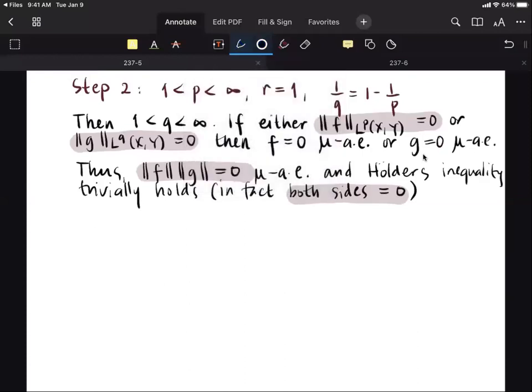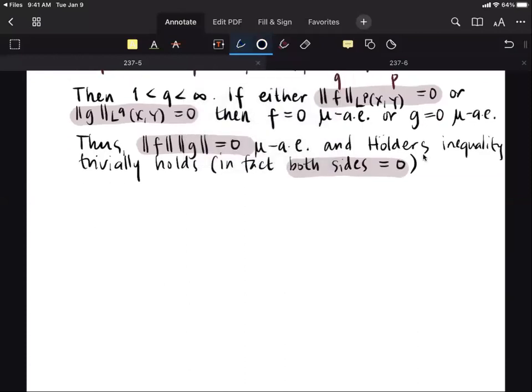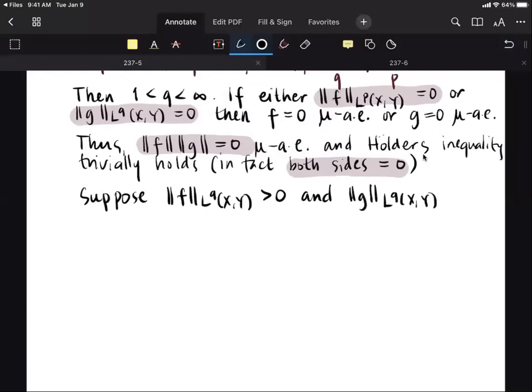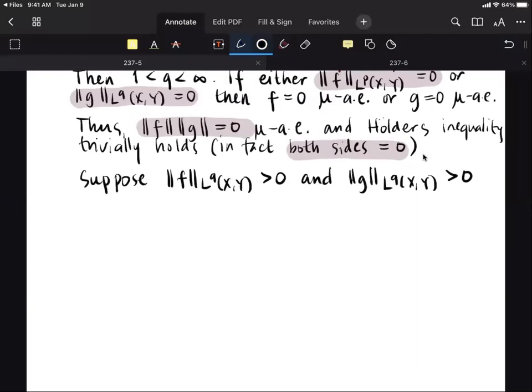so that is the easy case, special cases. So let us suppose now that neither the norm of f nor the norm of g is 0. So let's say this is positive. And this is also positive. Well, let us recall Young's inequality.